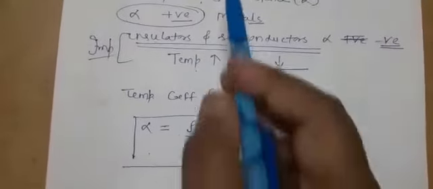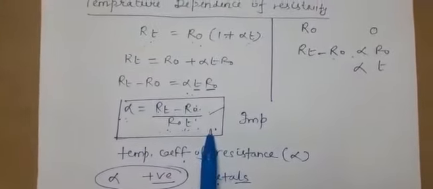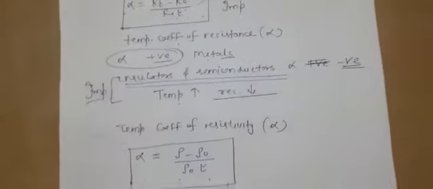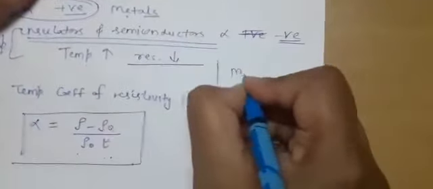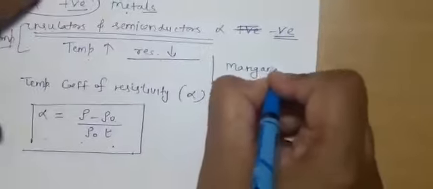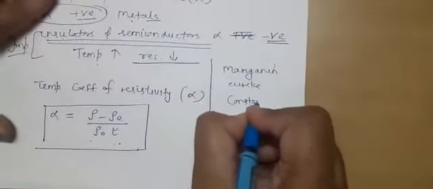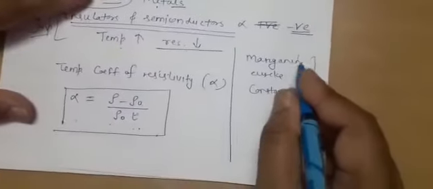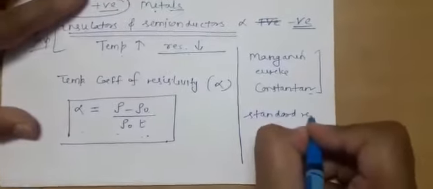For both these expressions you have to learn the basic concept. Now after the introduction of the temperature coefficient of resistance, I will discuss one conceptual problem. Alloys like manganin, Eureka, Constantan, and many different alloys can be used for different purposes. Now the question is why these are used for making standard resistance coils.